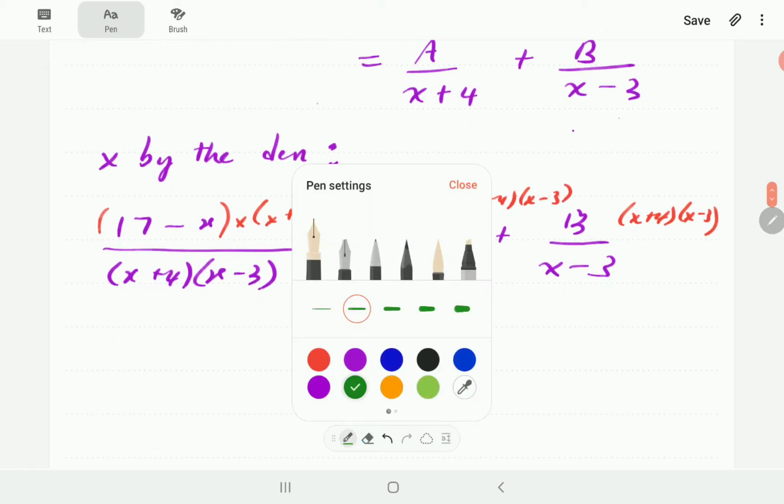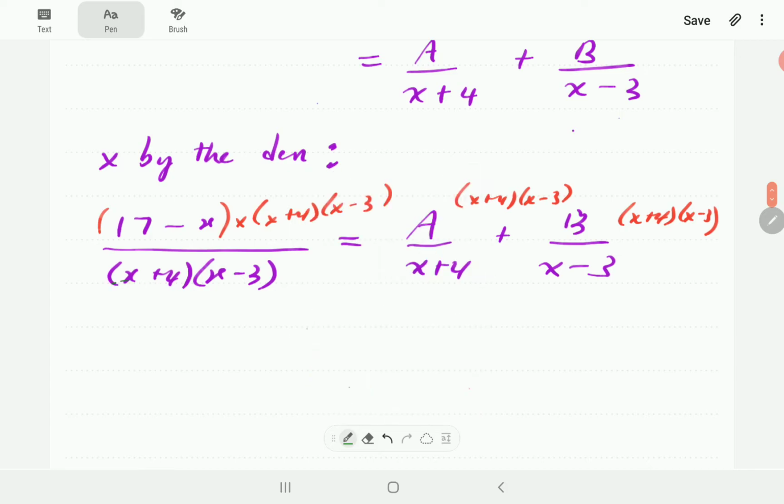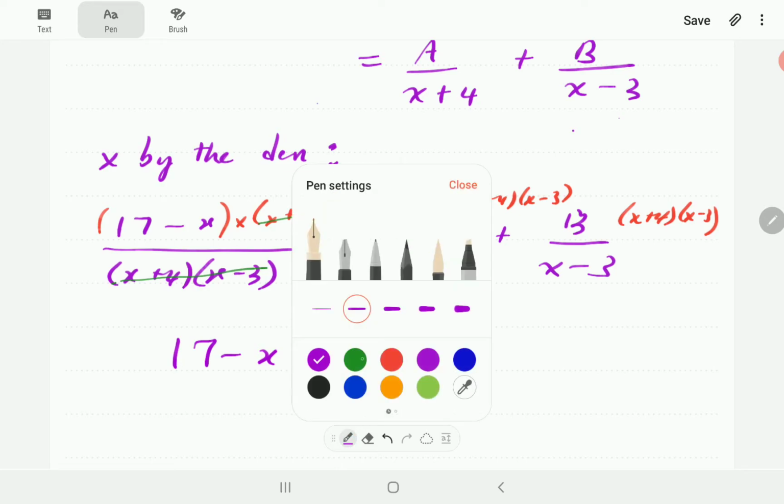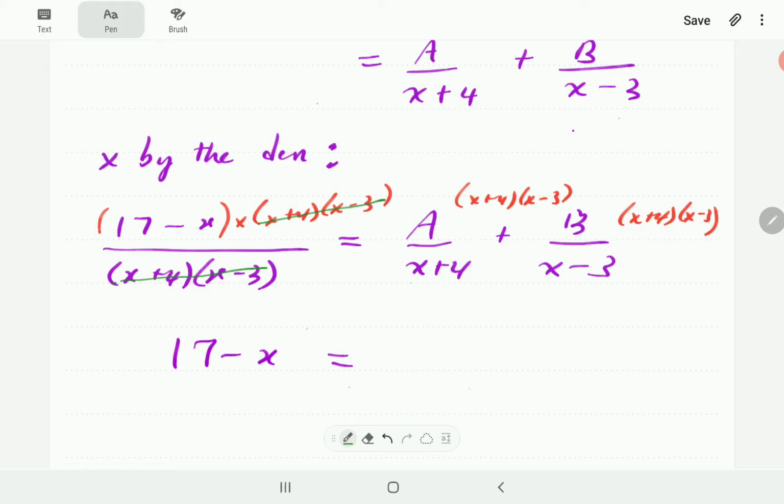Then this side will cancel out, so we remain with just the numerator 17 minus x. For the first term on the right hand side, the x plus 4 will cancel out. For the second term, the x minus 3 is going to cancel out.